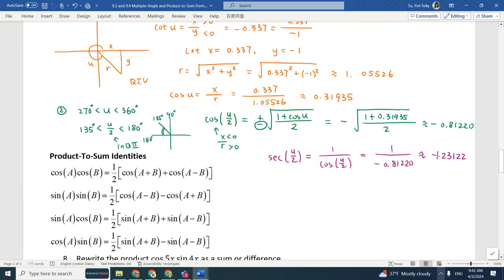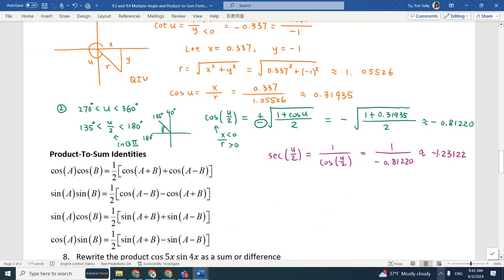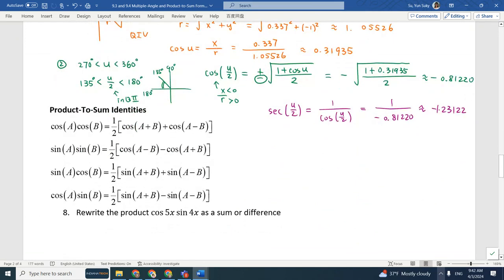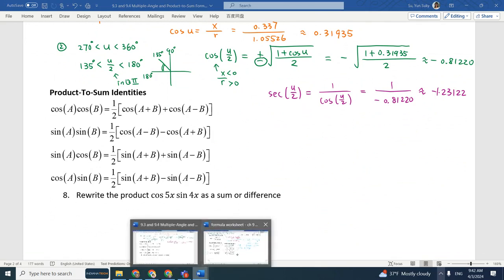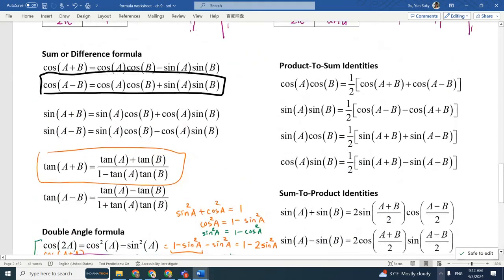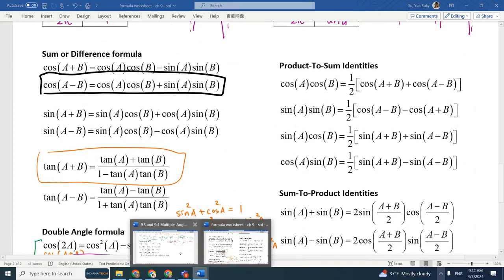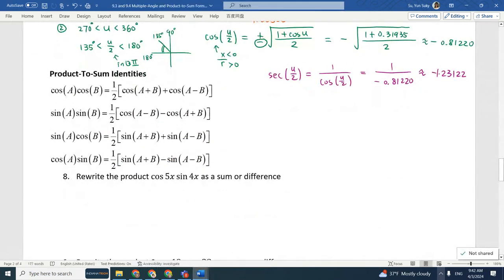Okay, good. So the next part is, I would say, the easiest type, because this is the sum to product and product to sum identities, and the formulas will be given in the exam. For example, in this problem you want to rewrite the product as a sum or difference.